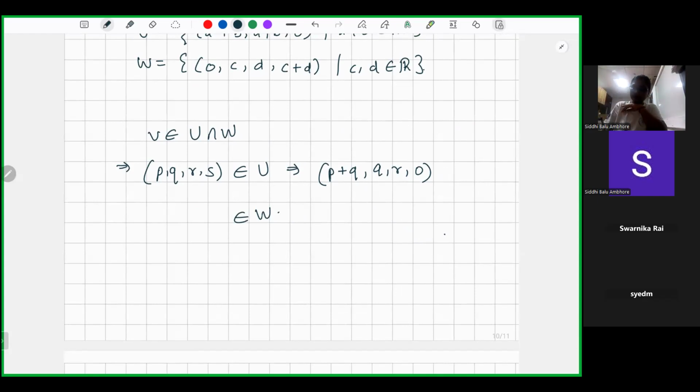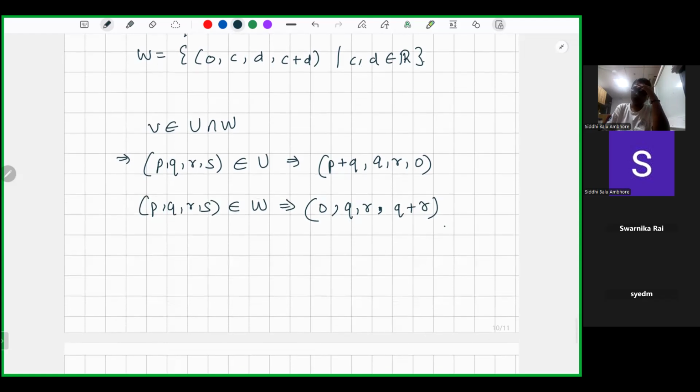If this belongs to W, then P plus Q will be 0, so this becomes (0, Q, R, Q plus R).